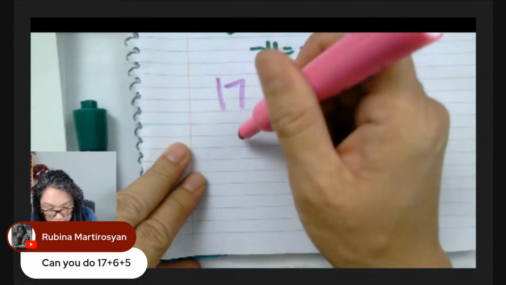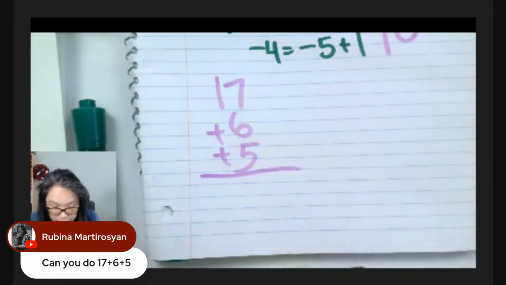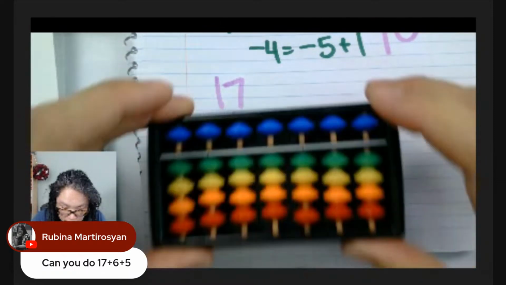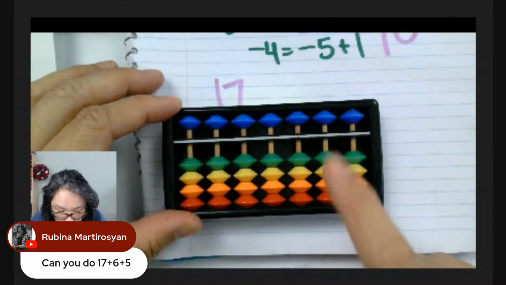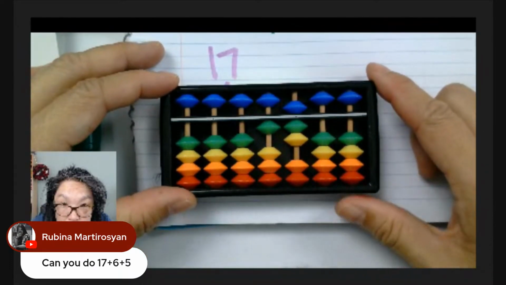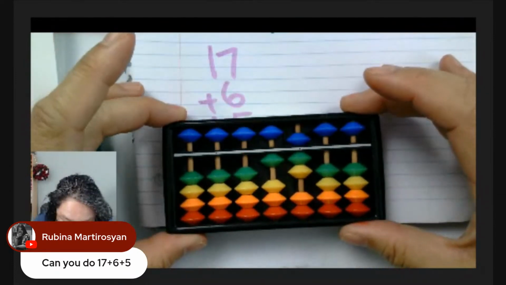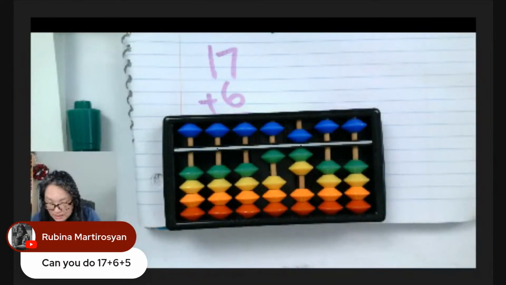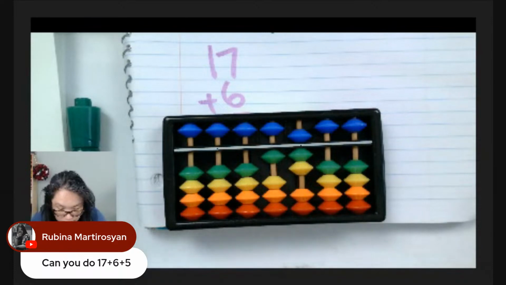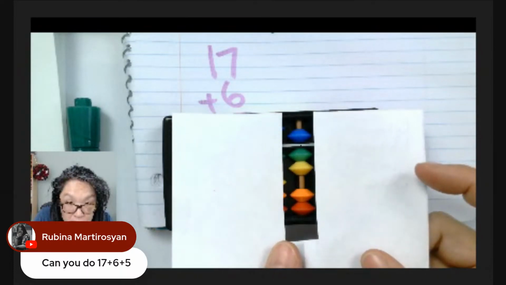17 plus the 6 plus 5. 17, 1 and 7. Right? I want to plus the 6. When I plus the 6, can I add 6 here? No, I cannot.